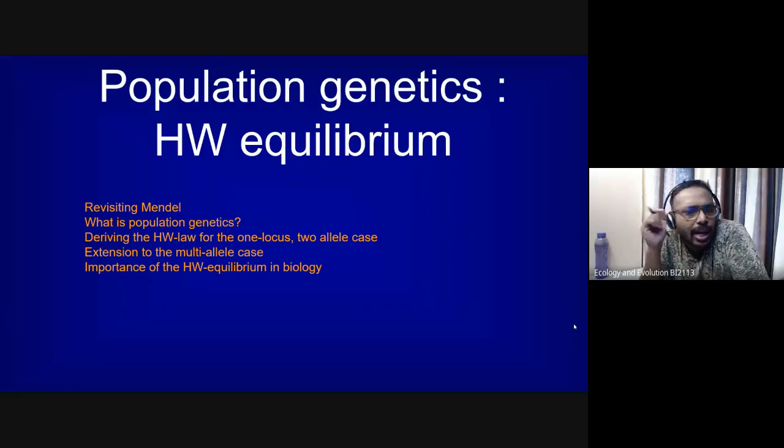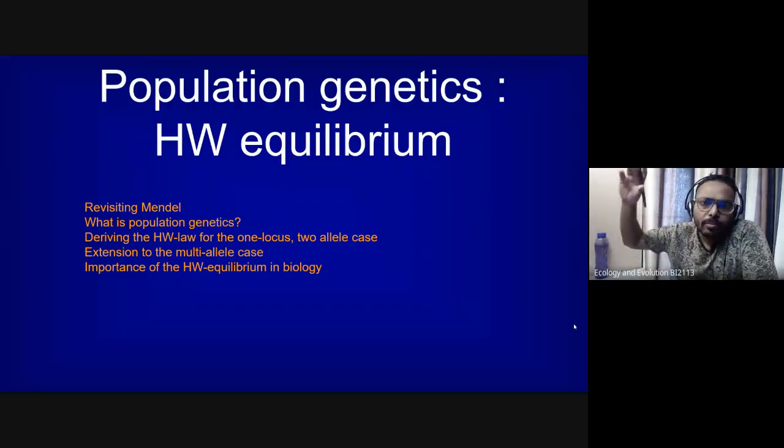However, as we saw in the last class, when you talk about evolution, evolution is at the level of the population. So if you are thinking of mathematizing the whole thing, formalizing all these concepts that we have been describing, then you need a scenario, or a way by which the laws of Mendel at the family level can be taken to the level of the population.